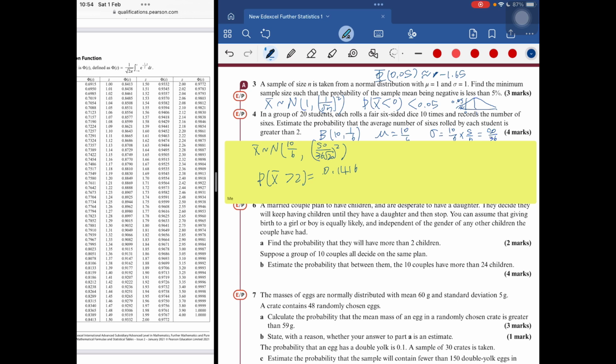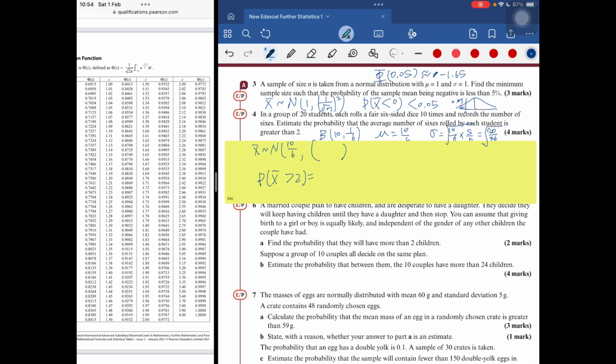So let's go for the next one. Oh no, I think I made a mistake, because this is not the standard deviation. This is the standard deviation like this. So here, don't make mistakes like me.